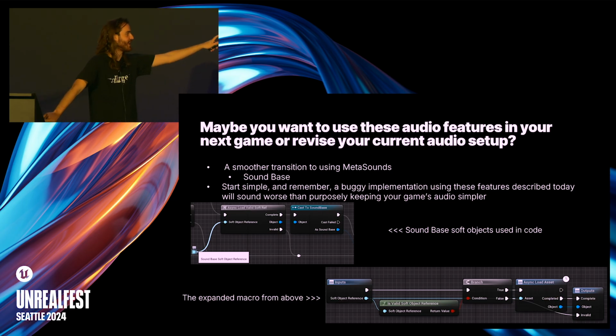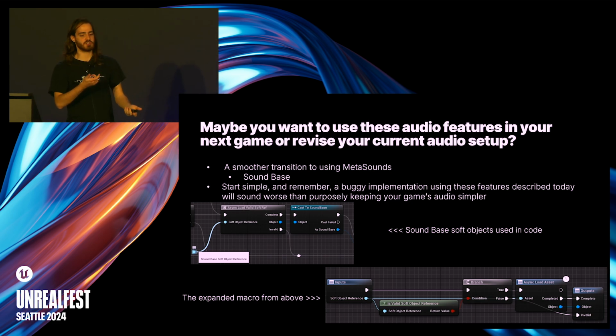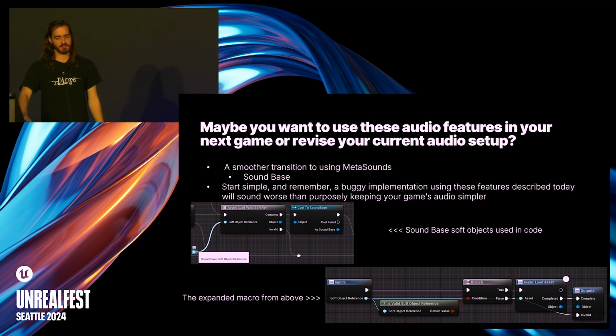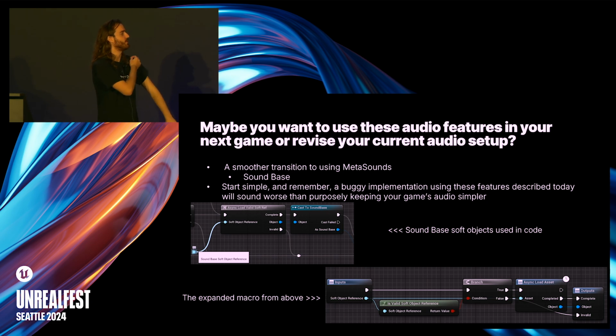This is a soft object reference of a sound base, but sound base is just an object like any other thing. So it may be best to work with these sound base references in order to not hard-code a dependency to either sound cues or MetaSounds. I don't know if you guys have heard about this, but yeah.